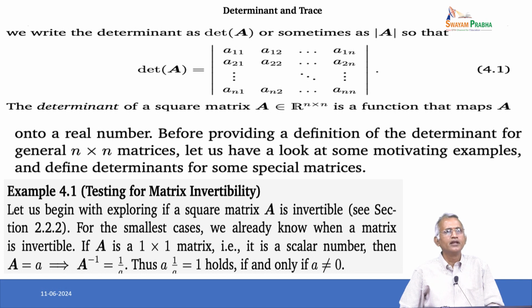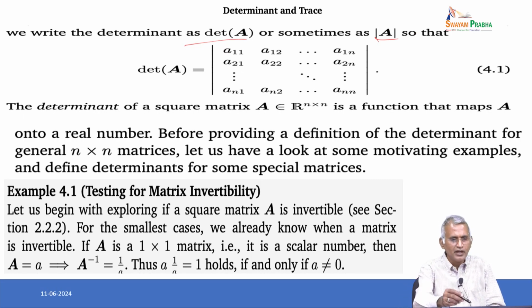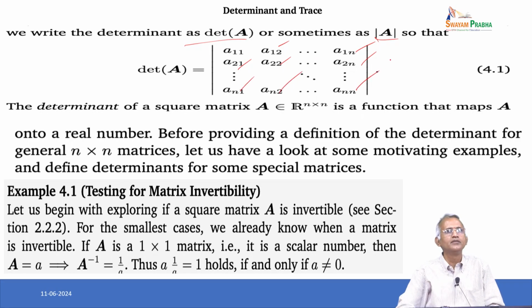Now, let us go to the meaning of a determinant. The determinant is written as det of A, or sometimes modulus of A. The determinant of A is simply: you take an n cross n matrix and put a line around it, a modulus structure, with entries A11, A12 and so on up to A1n, then the second row, and so on, down to the n-th row.